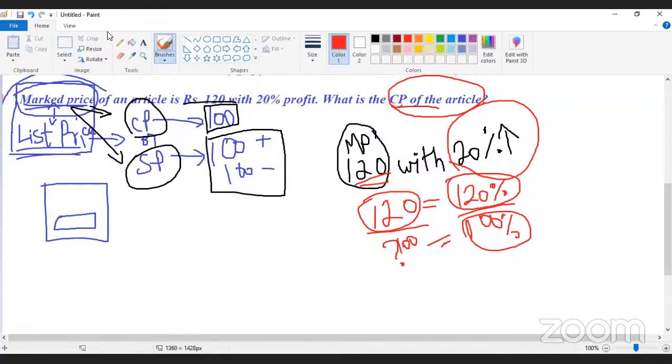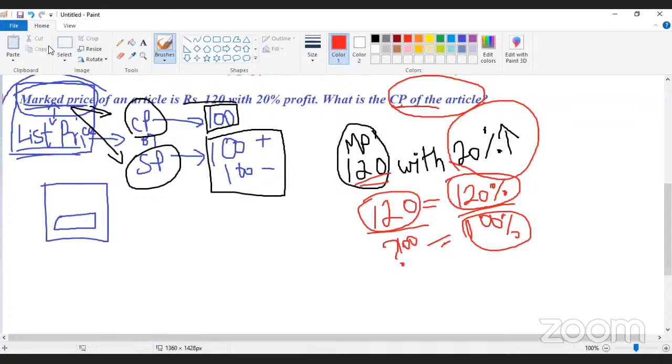Shall we go with the next? I'm just clearing the screen. I got 100 as the last answer. Yes, that's the answer.